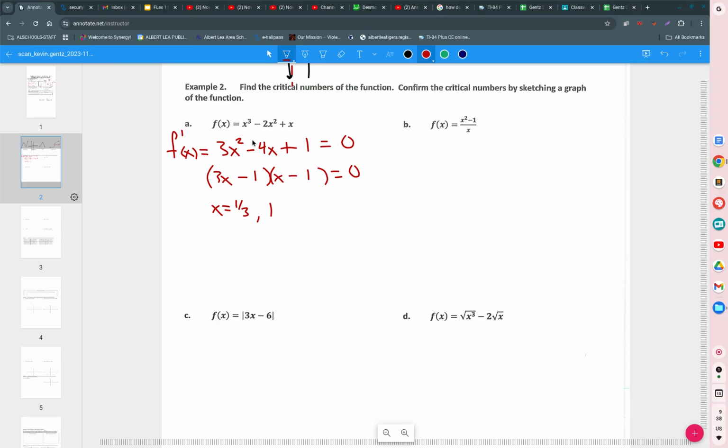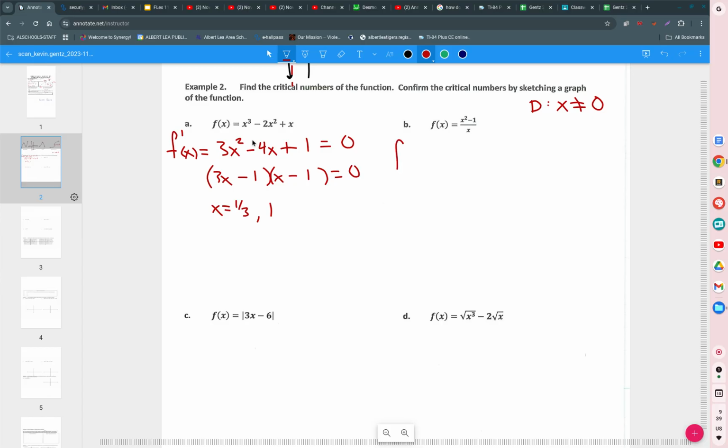What rule would you use here? Quotient rule. First of all, I just want to say, what is the domain of this function? X cannot be equal to 0, because that would produce 0 in the denominator, right? 1 produces 0 in the numerator, which is just fine, but I can't have 0 in the denominator.